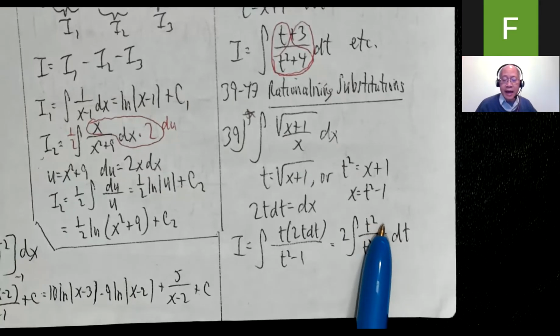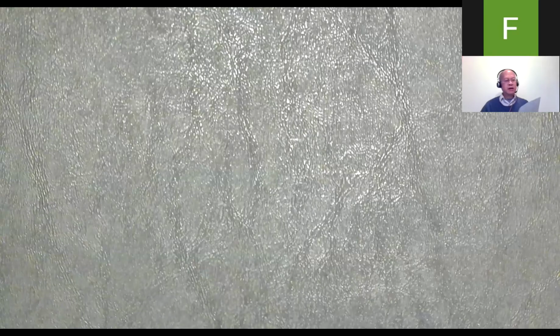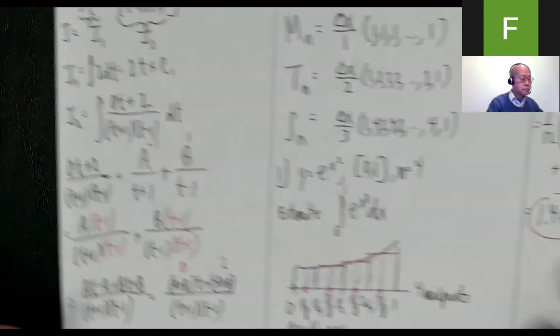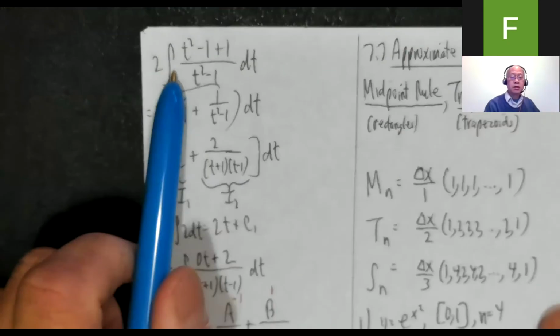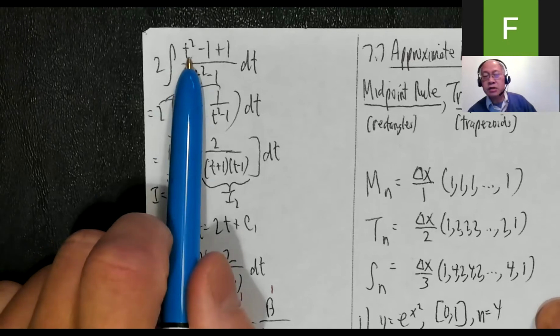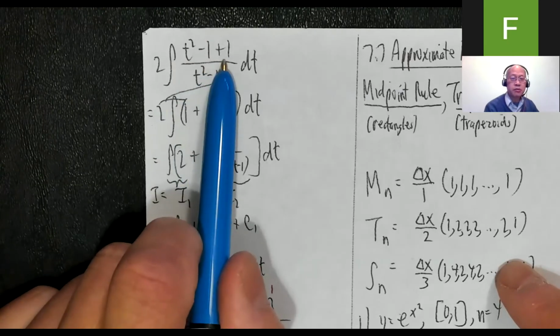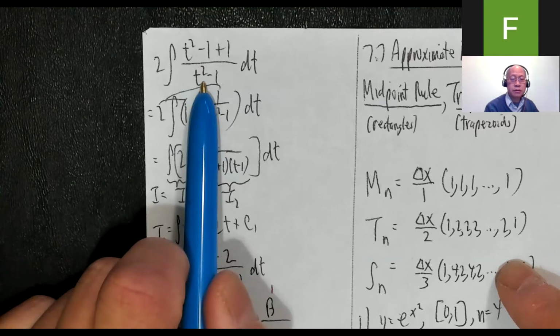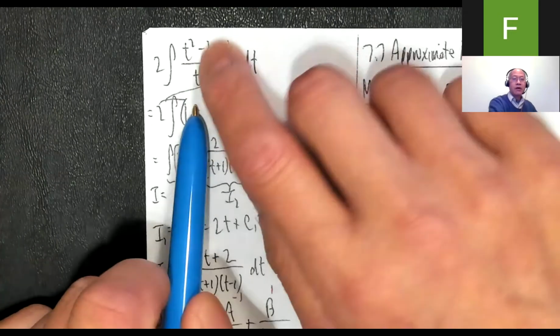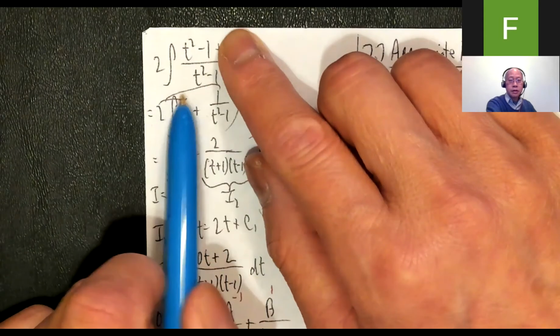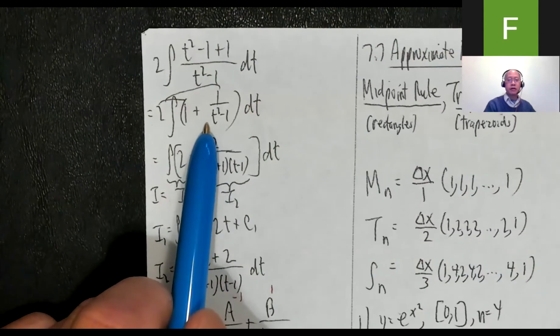It is fair if I immediately add 1. So I go t squared minus 1, and then I quickly add 1. t squared minus 1 plus 1 over t squared minus 1. That way I can break it into 1, here's 1, plus 1 over t squared minus 1.